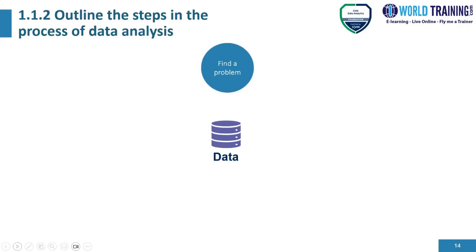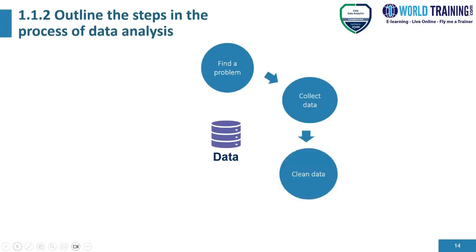Once you try to solve any business problem with the help of data, the next step is to go about collecting the required data for it. Once you have collected the data, you try to clean the data using various data cleaning techniques. Once data cleaning has been done, we will try to analyze the data through the various tools which are available.